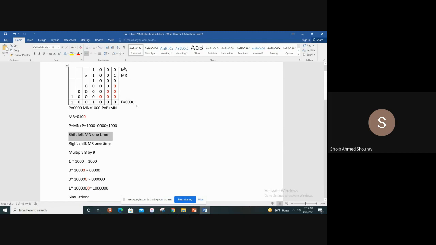So initially, all the registers are 0, but we are going to replace mn with 8, mr with 9 in that register. Still, initially, before all this calculation, the product register will remain 0, right? Yes, sir. Okay, so the product register is initially 0.